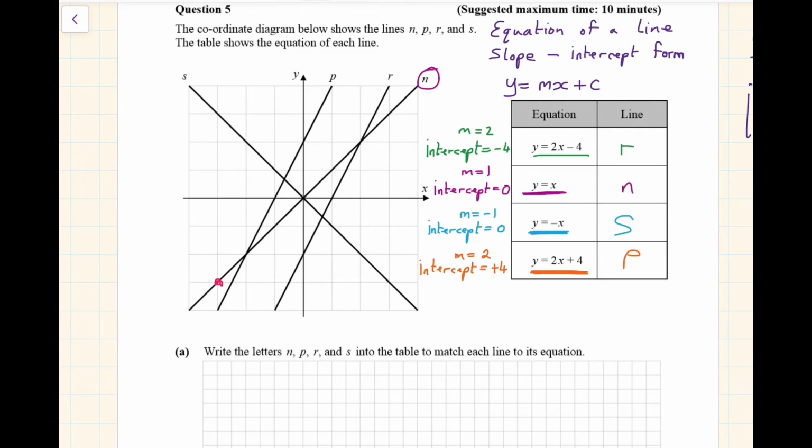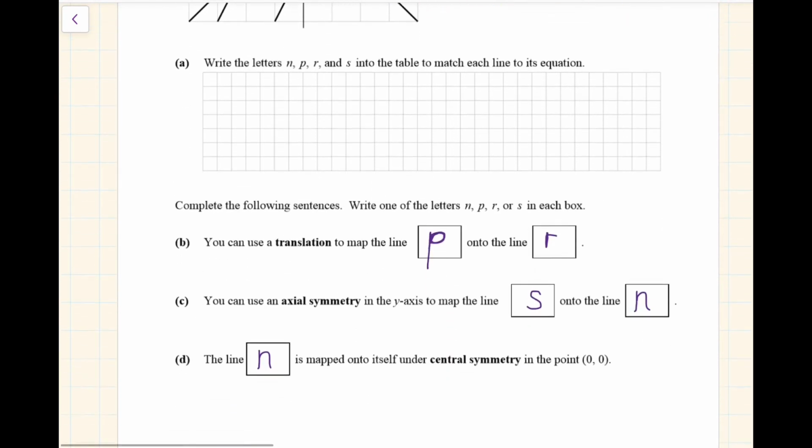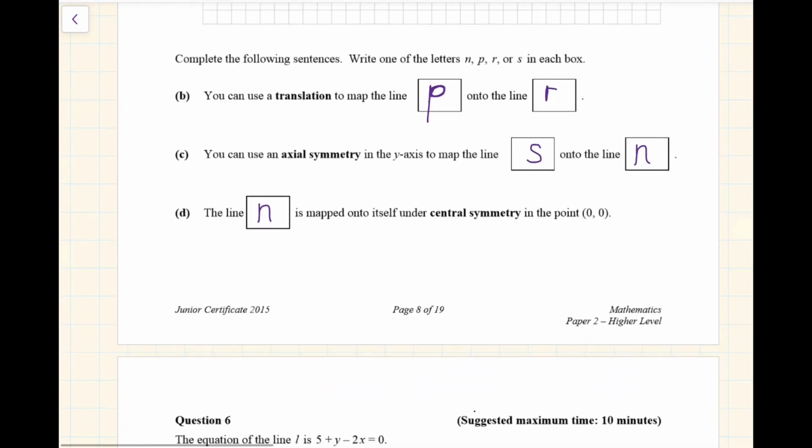If I take this point here, I go 1, 2, 3 diagonals into the origin, I go 1, 2, 3 diagonals away from the origin, I end up still on N. So we can see that any point on N, if it travels through the origin 0, 0, it comes back out the same distance onto N again.